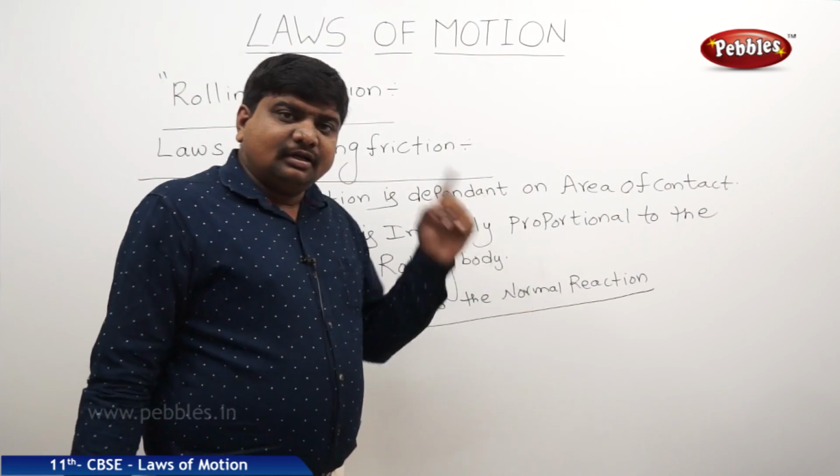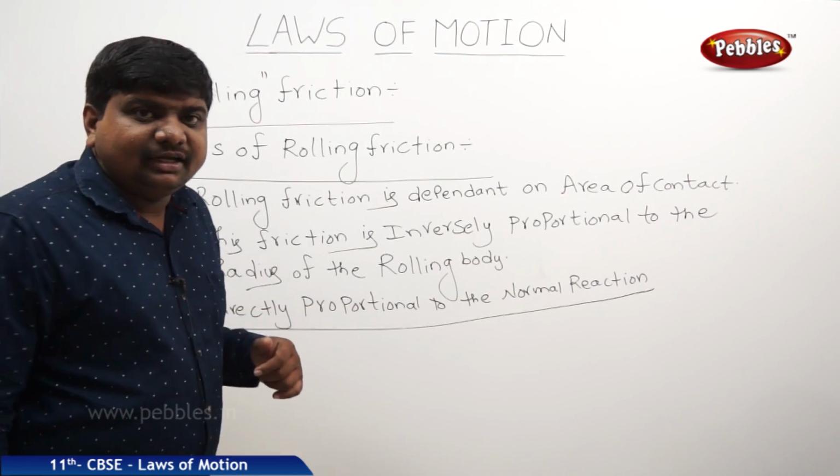So these are the three laws that can be explained to understand rolling friction.